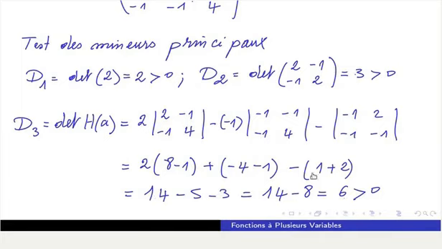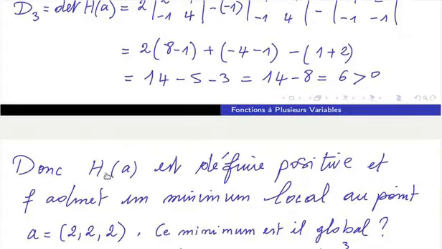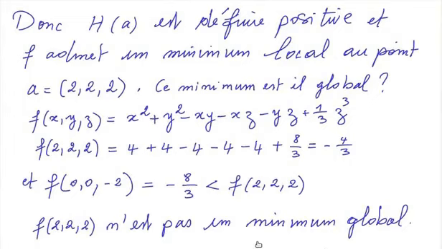The Hessian matrix of F at point A is positive definite, and thus F admits a local minimum at point A. Now it remains to determine whether this minimum is local or global.